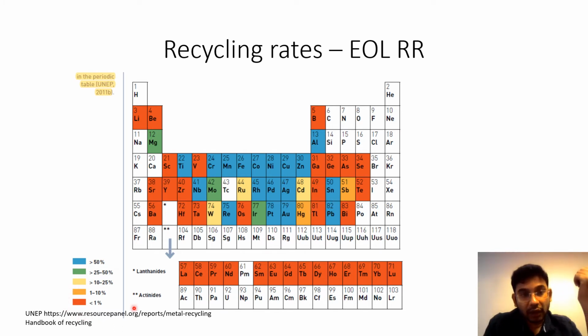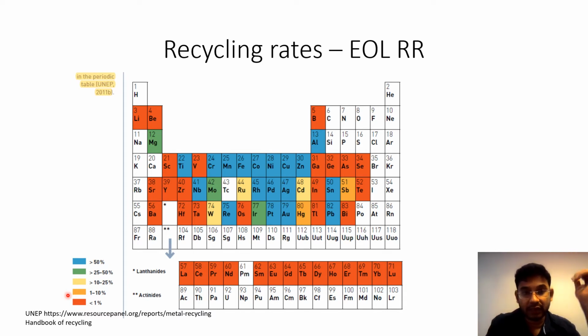But for a lot of these metals, you could see that the end-of-life recycling rate is quite small, especially that of the rare earth elements that you see here, the lanthanides, and even lithium and the things that are used in photovoltaics, such as gallium and so on, cadmium. And it's important to know this because these things are specifically connected to how these metals are used as products.